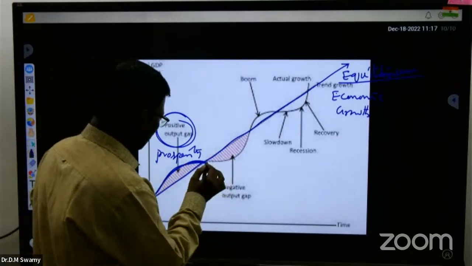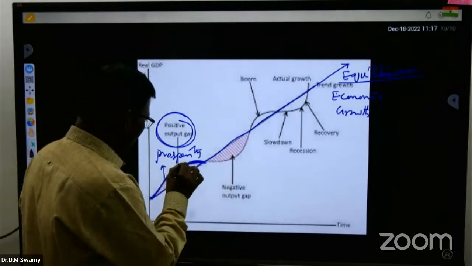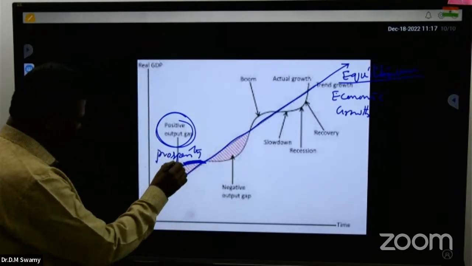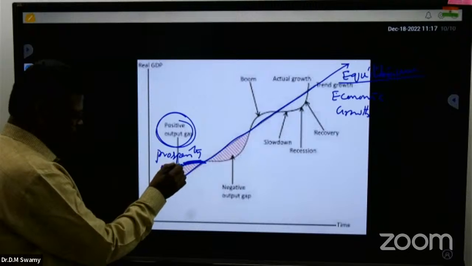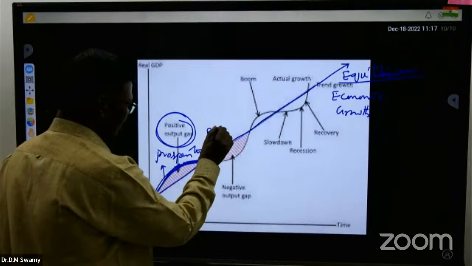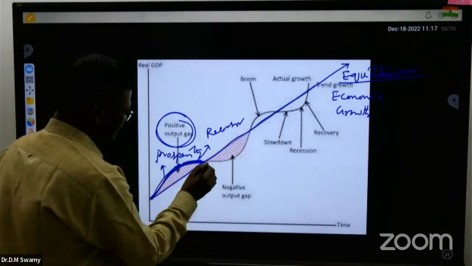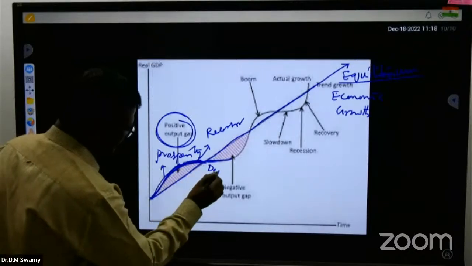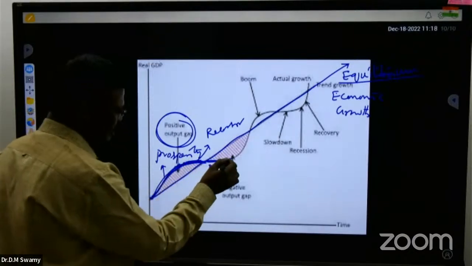This is the prosperity, and this is the recession. Please remember, whenever activities are increasing, it is known as prosperity. After that, it starts to decrease, which is known as the recession. If it goes below equilibrium, this is called depression or economic crisis.